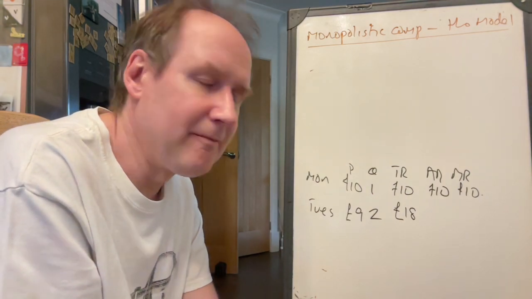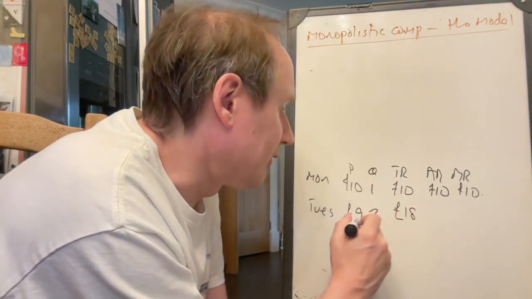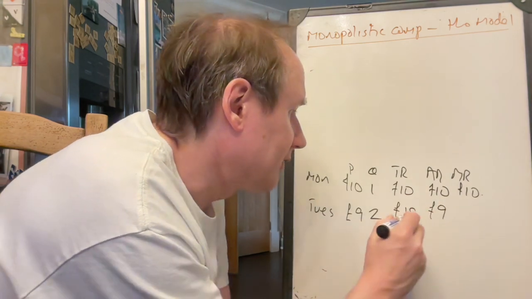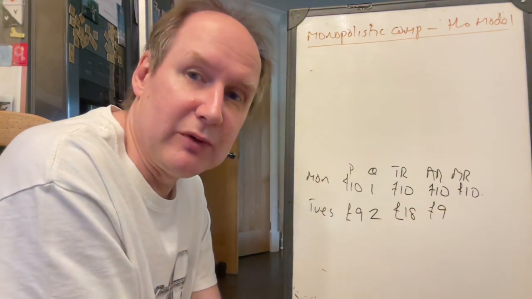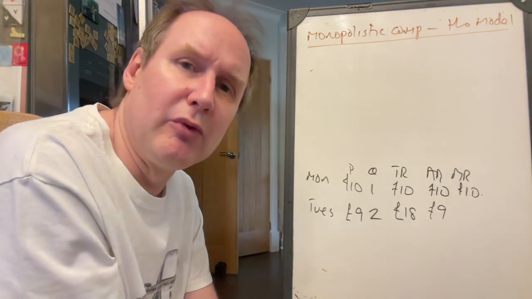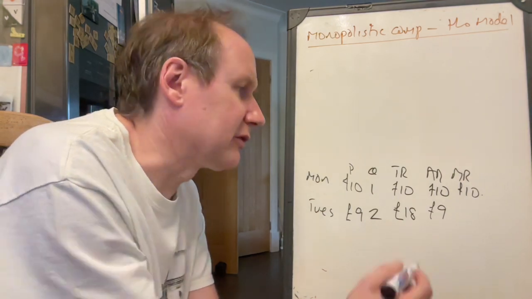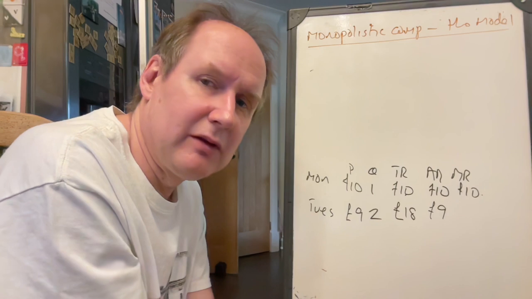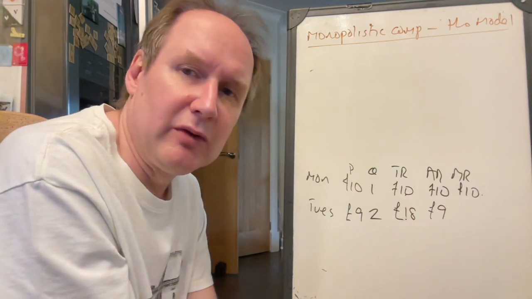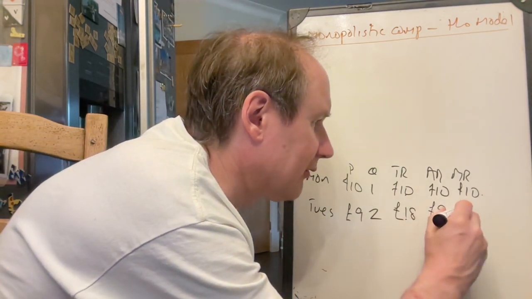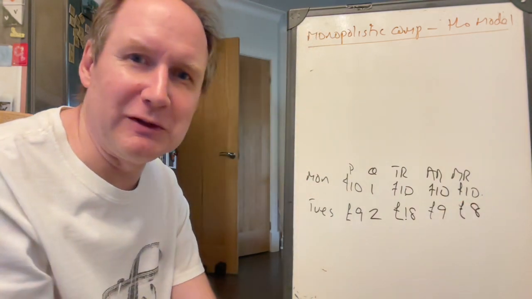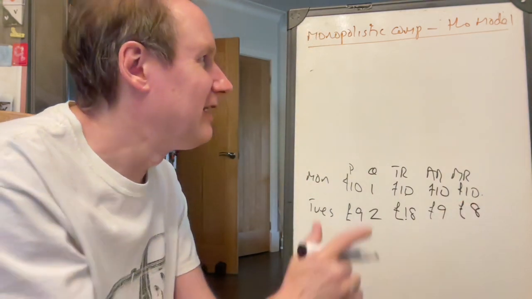That's £18. Its average revenue, of course, is still £9. 18 divided by 2 is 9, so price and average revenue are the same. But what about marginal revenue? Marginal revenue, we used to have a total revenue of 10. Now we have a total revenue of 18. Marginal revenue is 8.